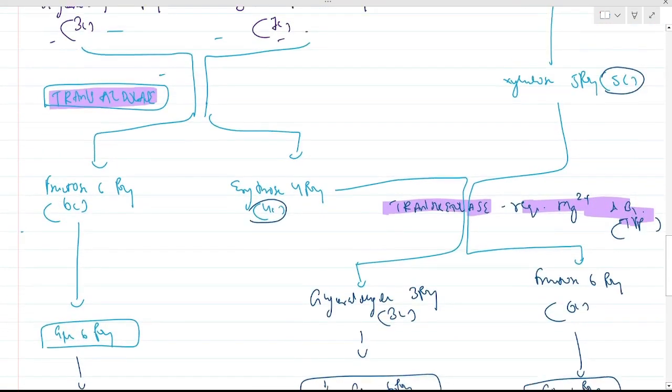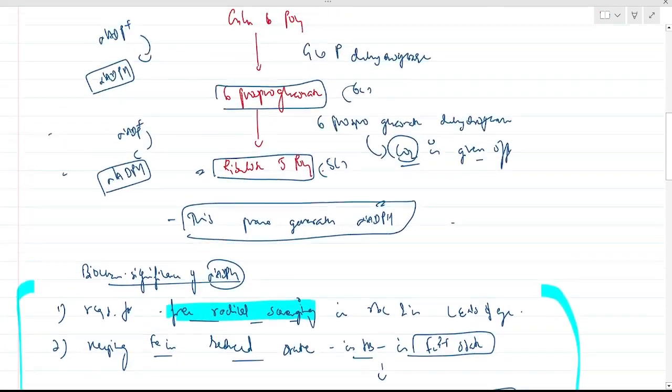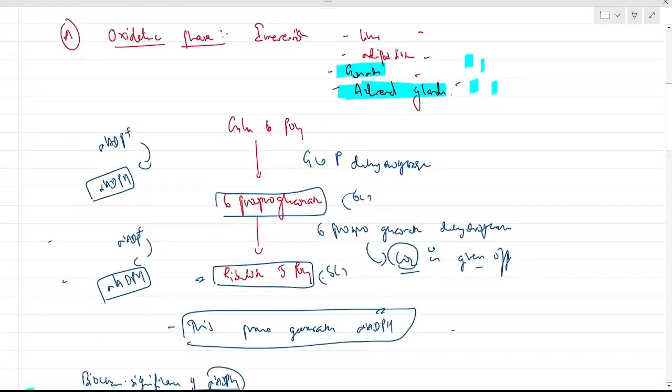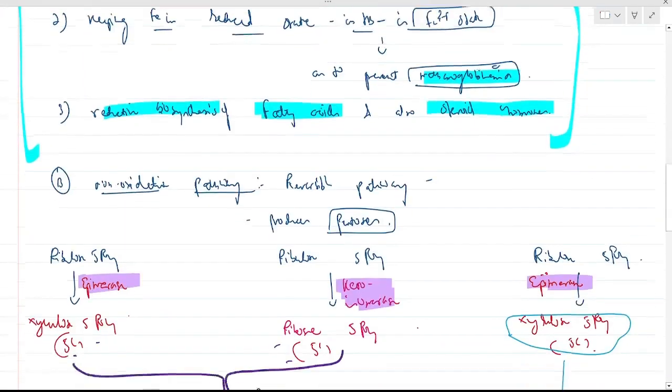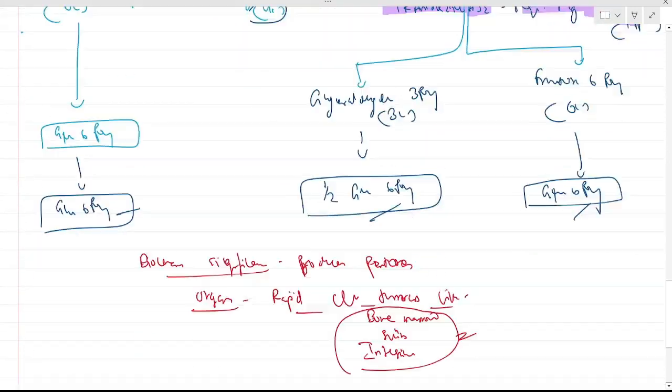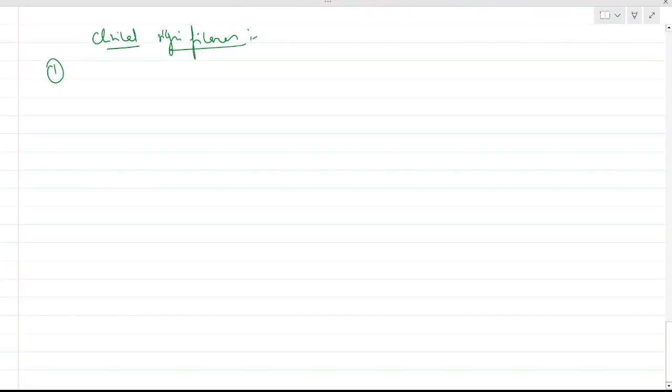The first enzyme we have seen above in the oxidative phase converts glucose 6-phosphate to phosphogluconate. This enzyme, glucose 6-phosphate dehydrogenase, is commonly called G6PD. We will discuss its deficiency first. Okay, the clinical significance. First is glucose 6-phosphate dehydrogenase deficiency, G6PD deficiency. Very important topic discussion, see carefully.